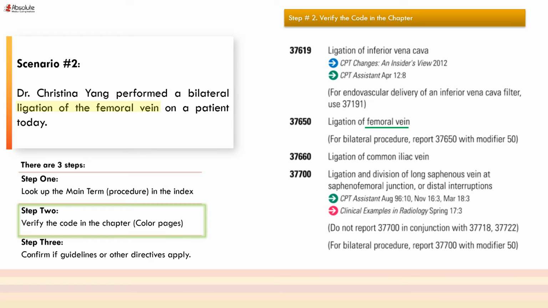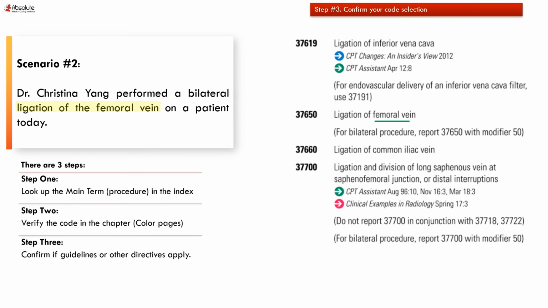But before we establish that this is our right code, we always have to confirm if guidelines or other directives apply. So that's what we'll do for step 3. Following step 3, can you see any guidelines or directives that are applicable to our code 37650?